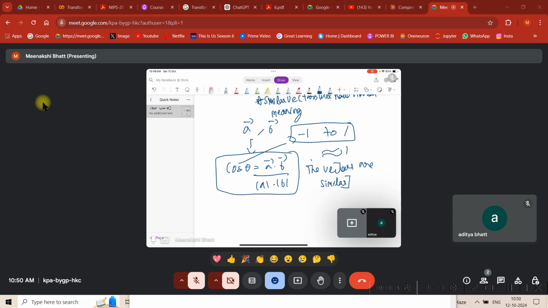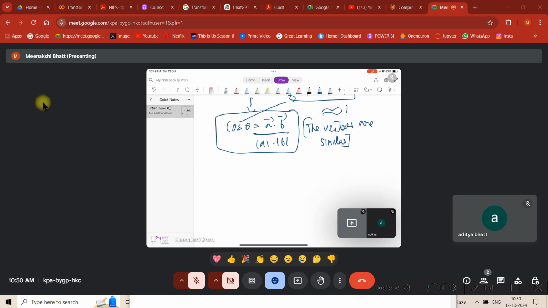Now the main thing is how Word2Vec was trained. There are two variants of it: one is skipgram and another one is CBOW. We'll stick to skipgram for this lecture.